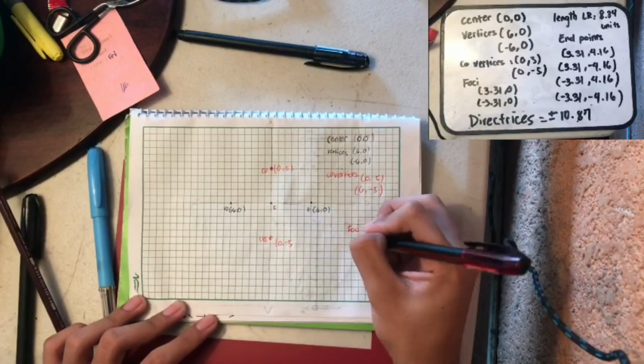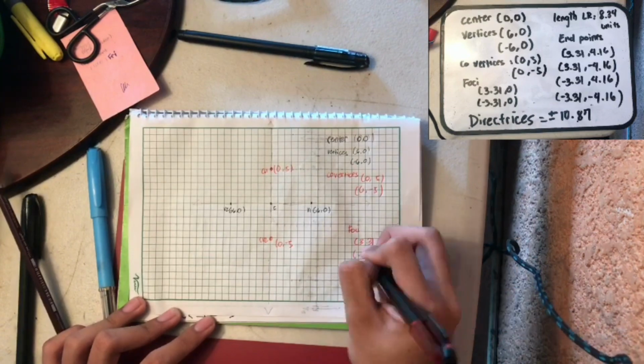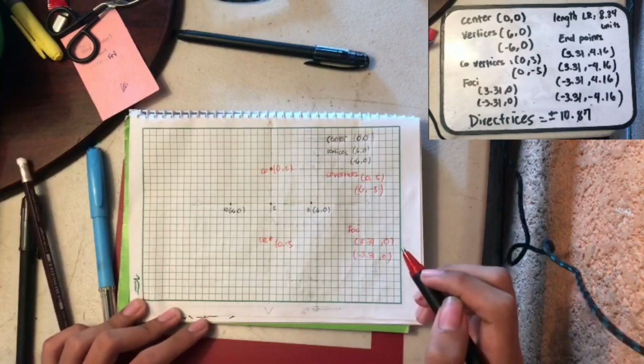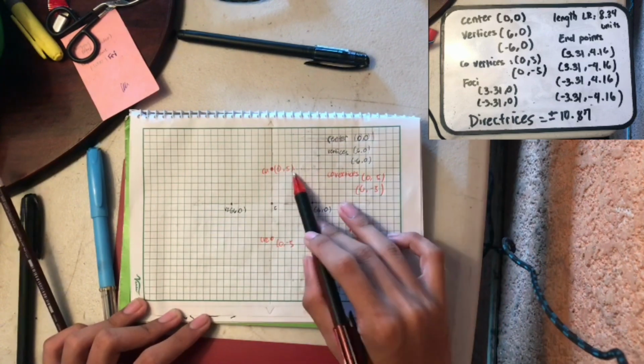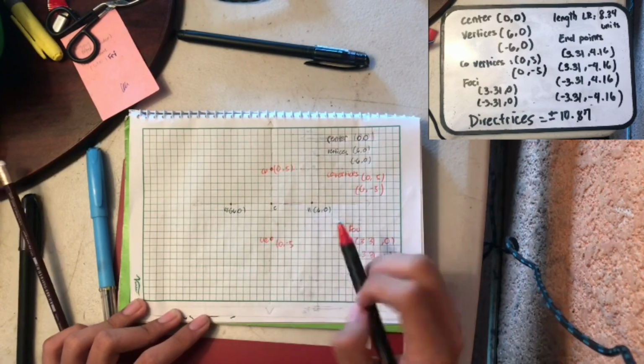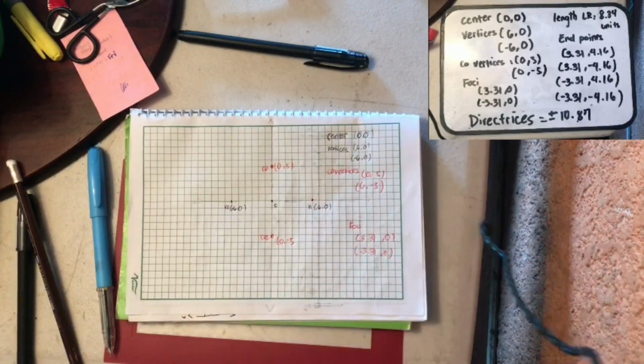The next one is the focuses or the foci in the ellipse. It is equal to positive and negative c and 0. The given here is 3.31 and 0 and negative 3.31 and 0. Let me point it for you.